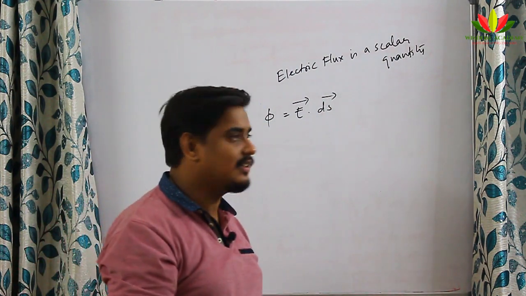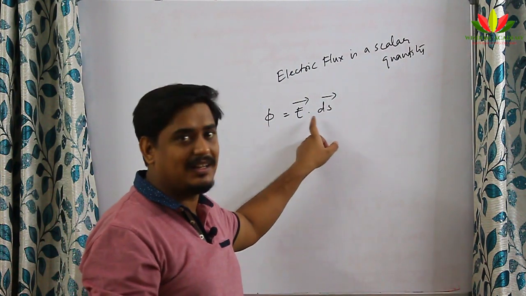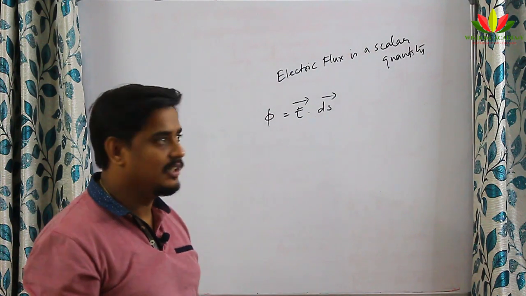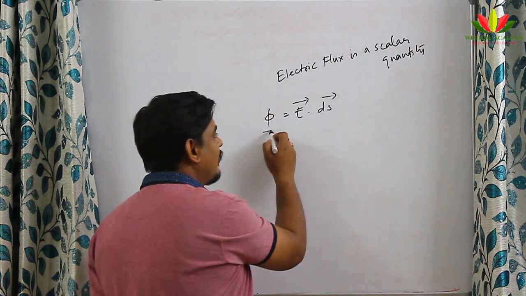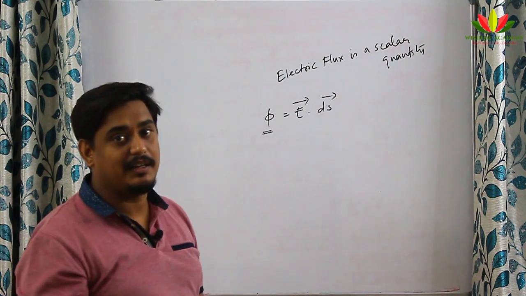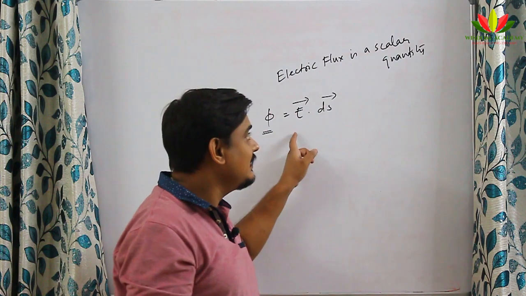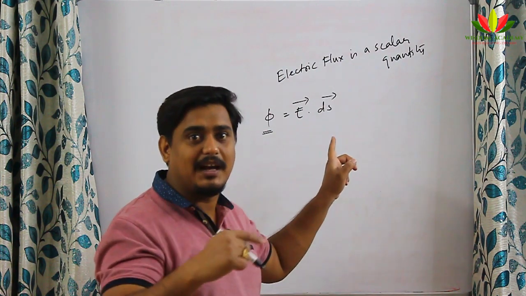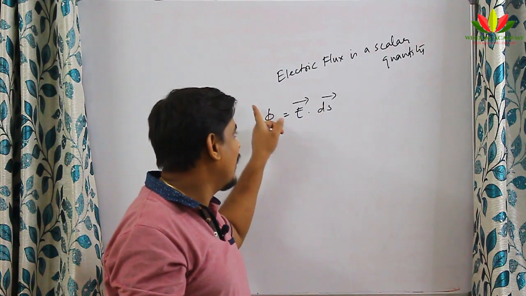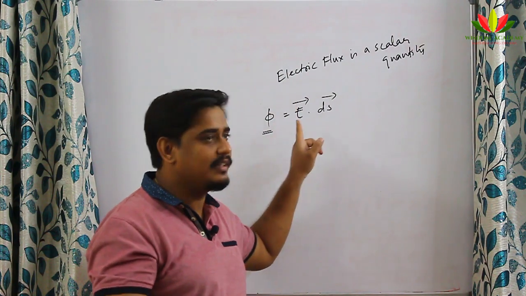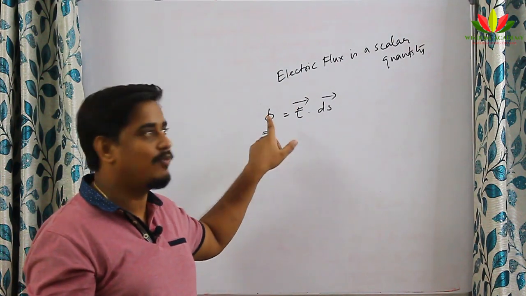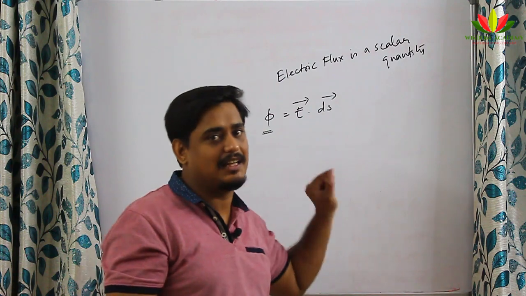You have studied in 11th standard, the dot product of two vectors is always a scalar, isn't it? So the flux is a scalar quantity, not a vector quantity. Keep this in your mind. I am just telling it at the end because somewhere, if I am remembering, I have put an arrow over phi. That is not correct. It is a scalar quantity. So, electric flux is a scalar quantity.